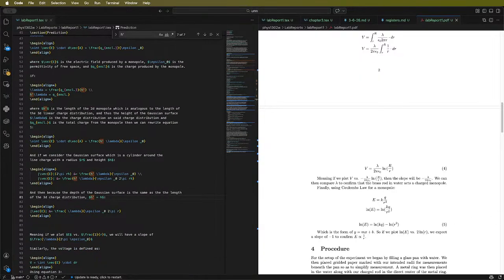The electric field of a line charge with linear density lambda. I might just put it in there, to be honest, and just say this is the electric field of a line charge with linear density.